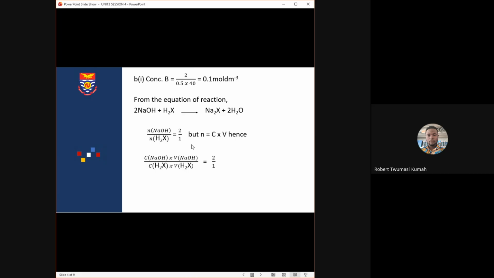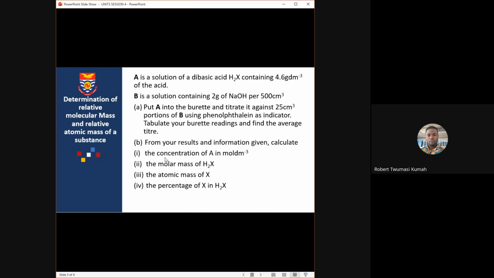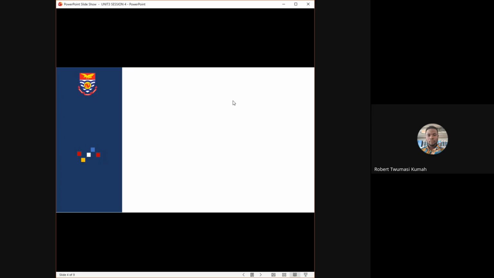Now, when we finish with that, we can put in our values. Which one is the C of the NaOH? We can go back to the question. We have the C here. If we convert this one into amount concentration, that becomes our C, and that is what we did here.